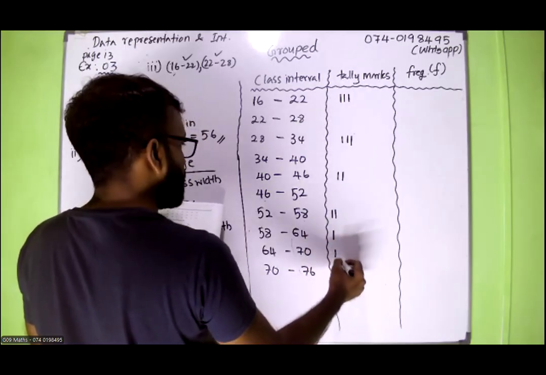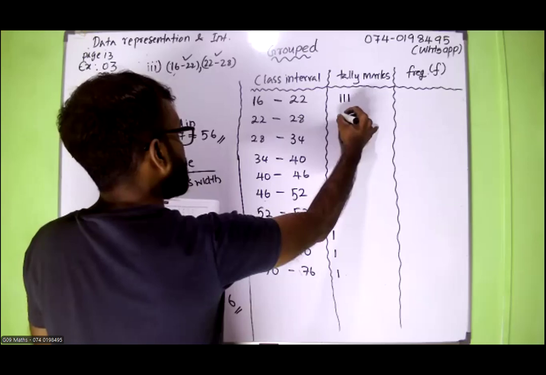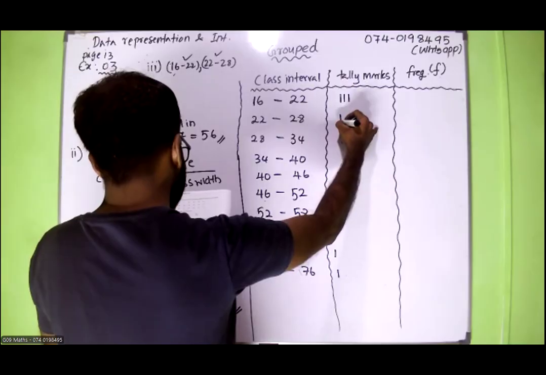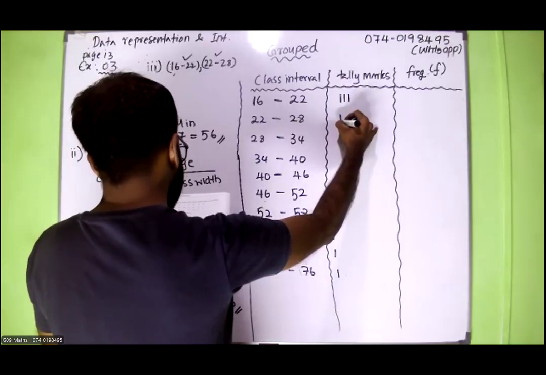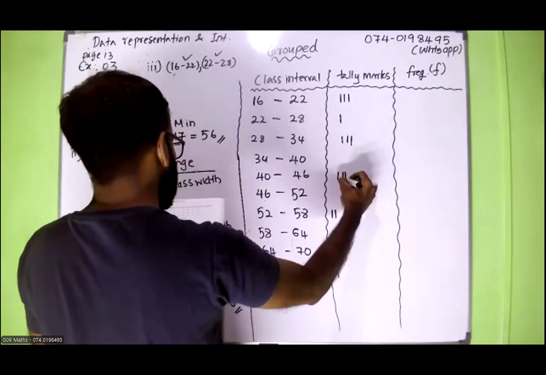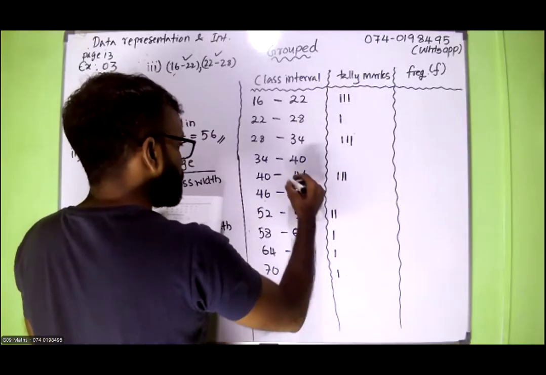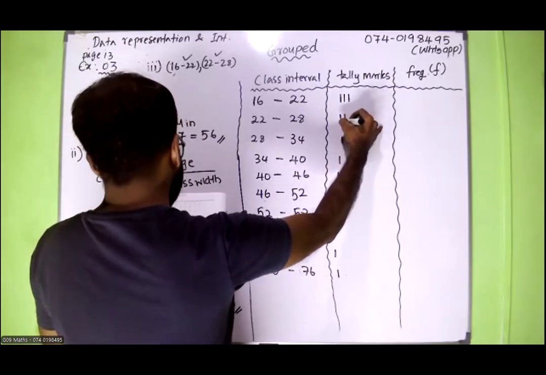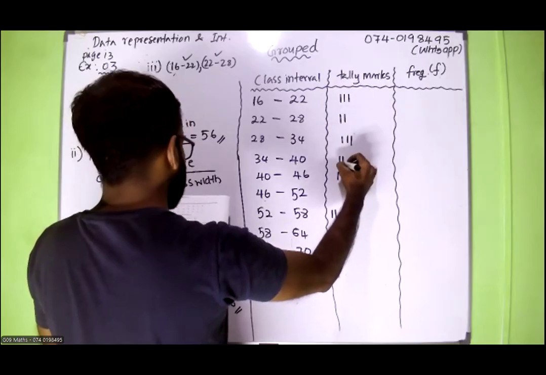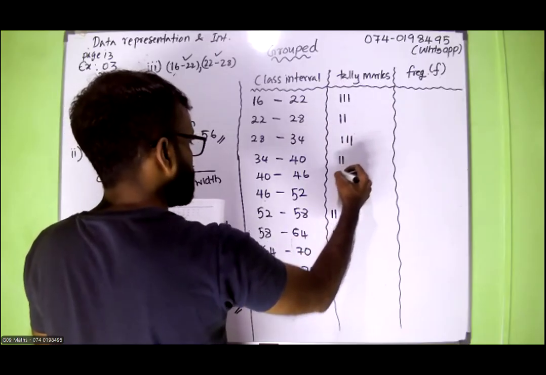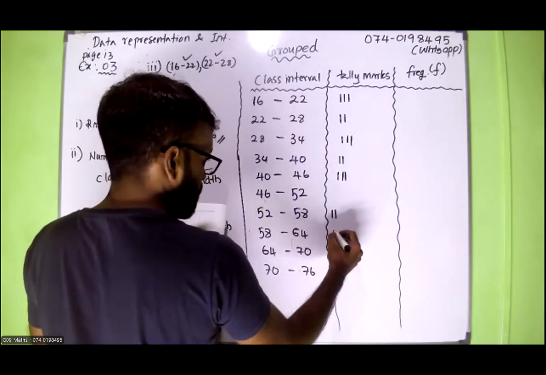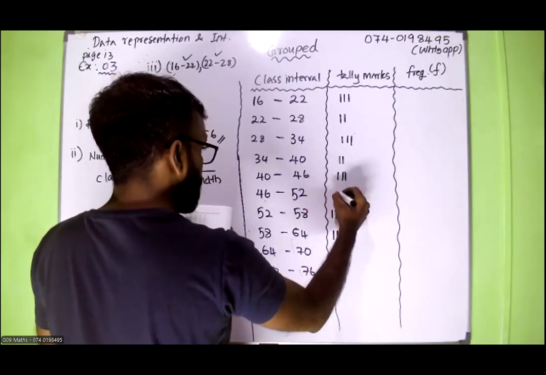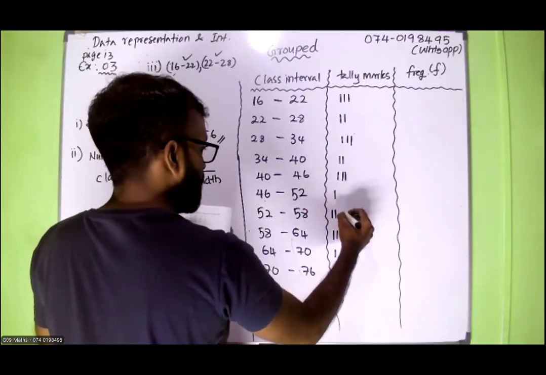Then 27 is here, and 45 is here. 39, this. 27, this. 35, that's right. 62, this. 51, this. 53, this.